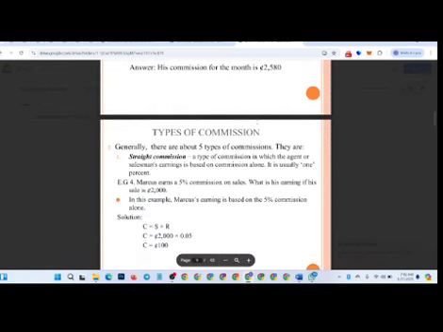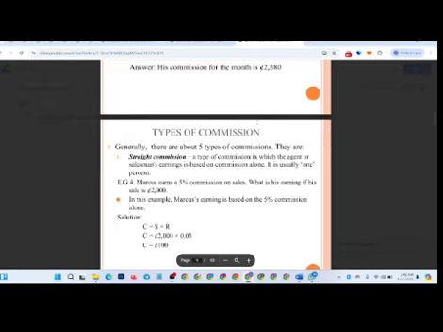So going on, we are going to look at the types of commission. Generally, there are 5 types of commissions, and they are straight commission, a type of commission in which the agent or salesman earning is based on commission alone. It is usually 1%. For example, Marcus earned a 5% commission on sales.